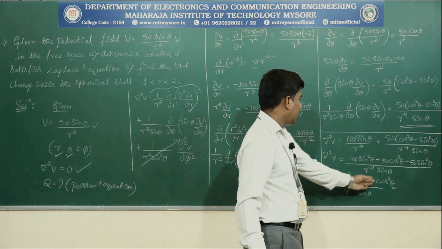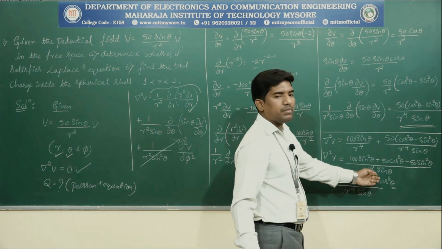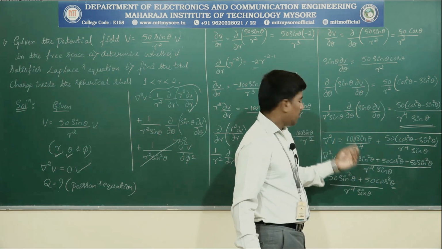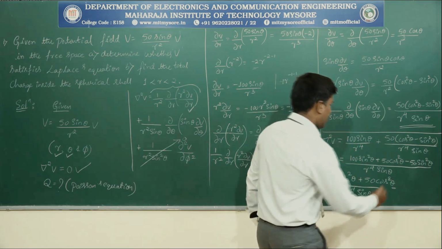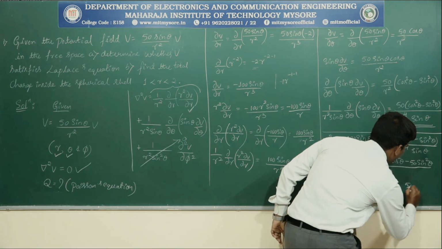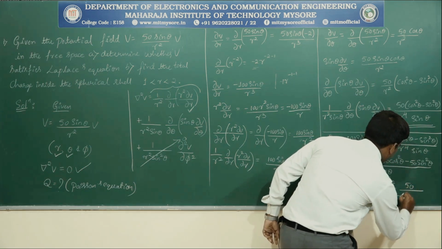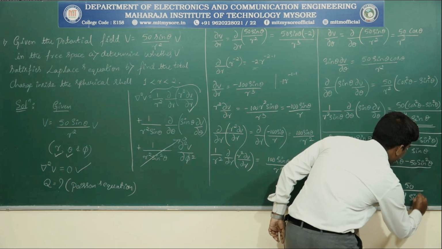What is the resultant? If we take 50 outside, sin square theta plus cos square theta, what is that value? 1. Sin square theta plus cos square theta is equal to 1. Therefore, gradient square V is 50 divided by r power 4 sin theta.